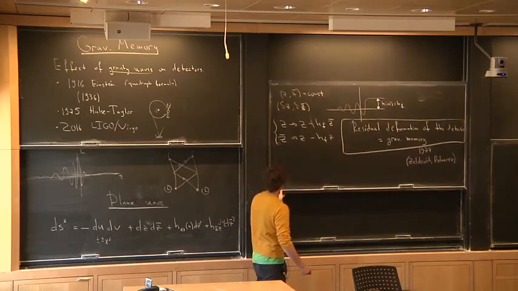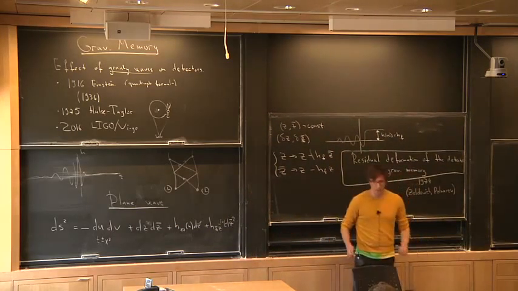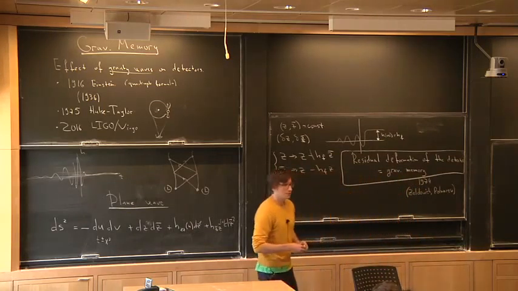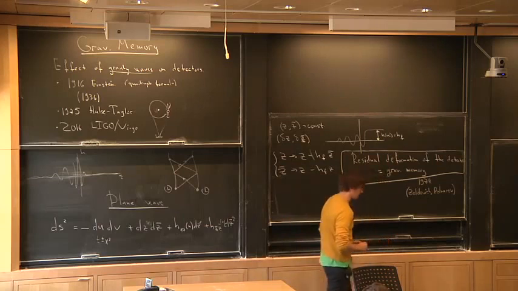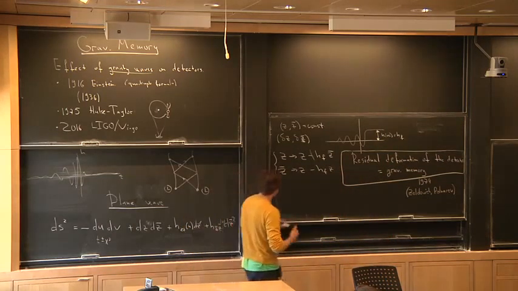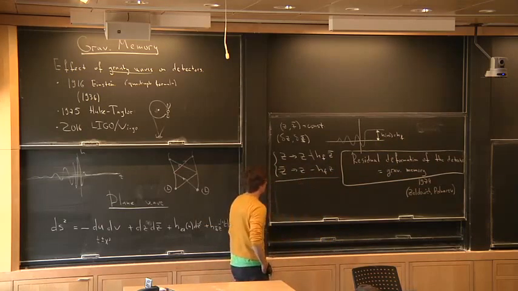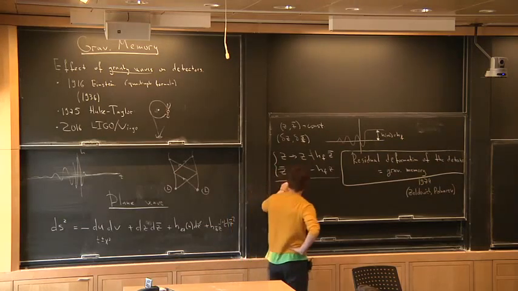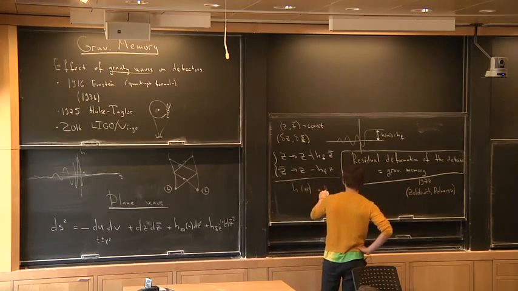Let's connect this with something you remember from previous lectures: let us do the Fourier transform of this signal and see how it looks in Fourier space. The simplest way to model the signal is to consider h of u being a theta function.